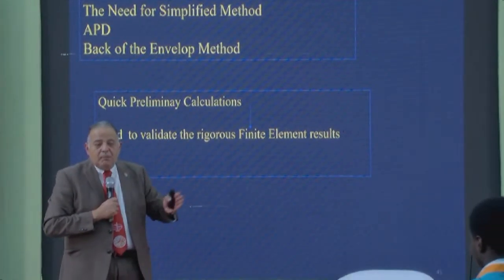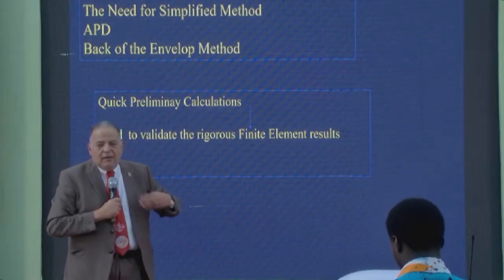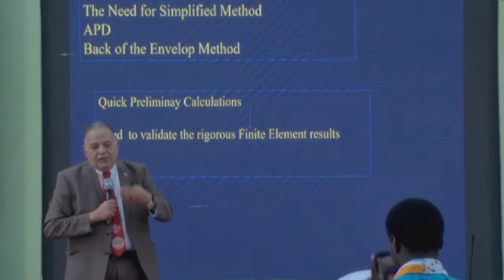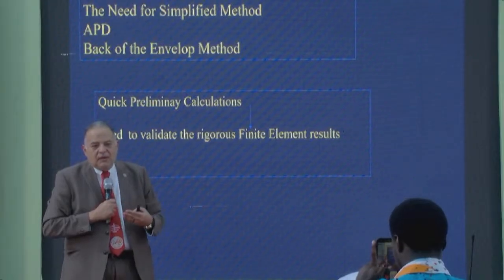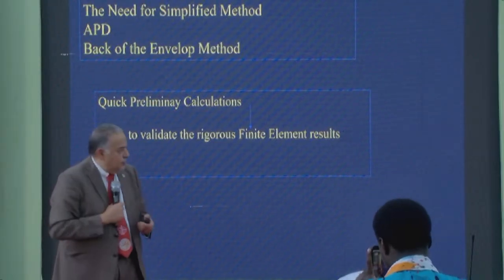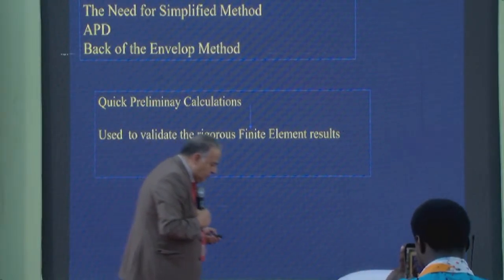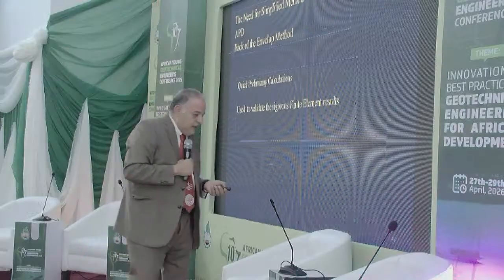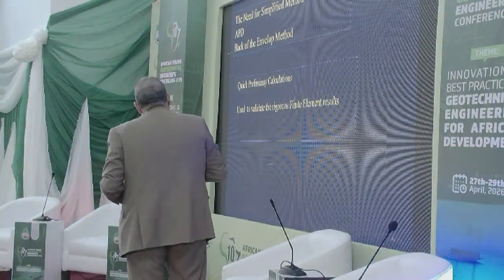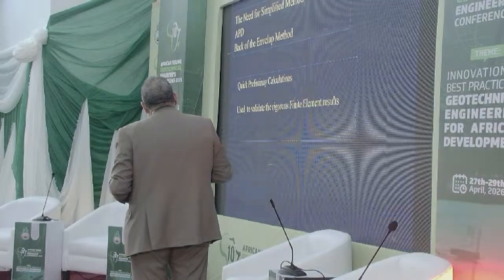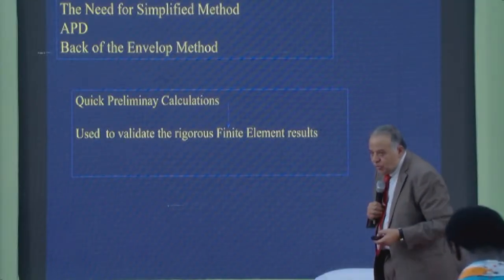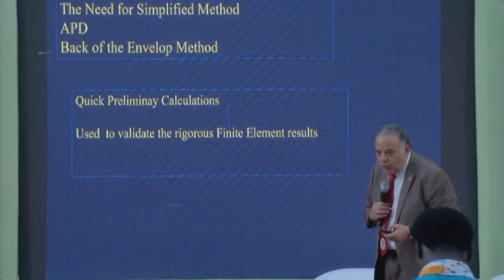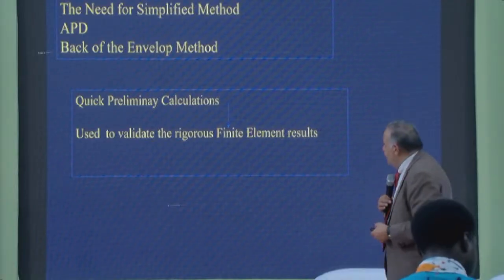With the developments that we have now, we are getting stiffer, more rigid walls that we are using in the underground excavations. So this explains that Peck's apparent pressure diagram might be useful, but it is just applicable to a certain type of walls, that is flexible walls.